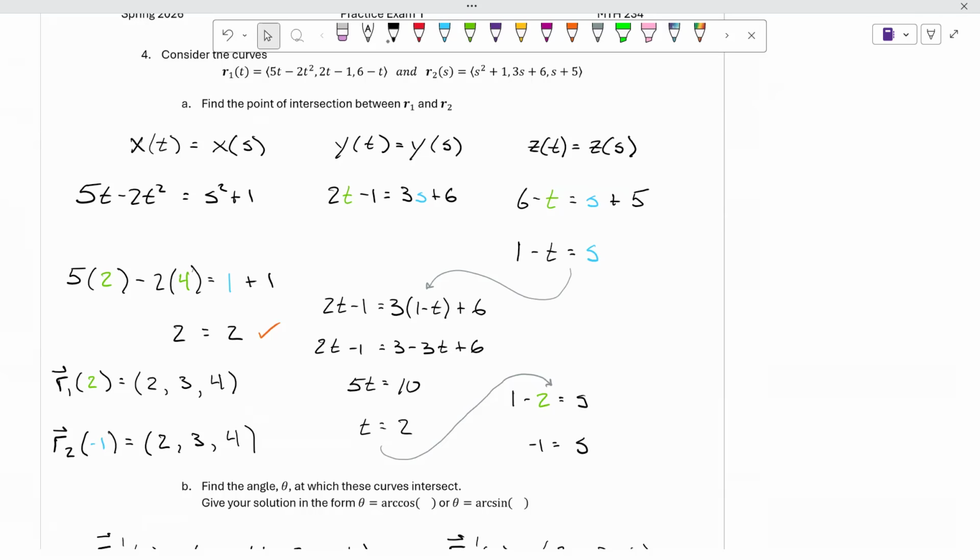s was supposed to be -1. You'll find if you plug in 1 for s, you do not get 2, 3, 4. So be careful when you're checking for a point of intersection. The correct solution to s squared equals 1 should be s equals plus or minus 1. And then you would really have 2 points of intersection that you need to check.